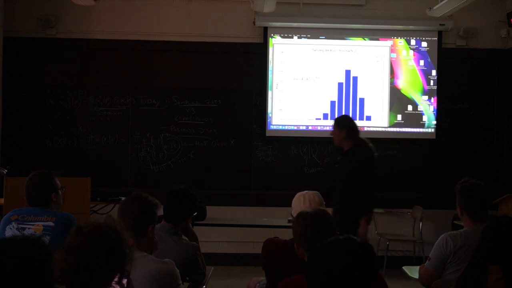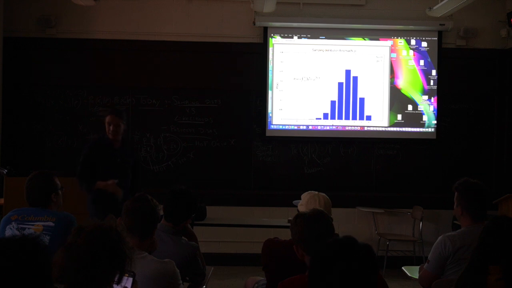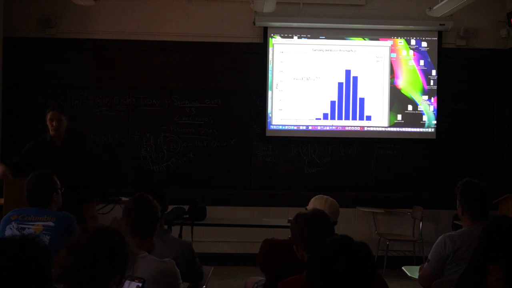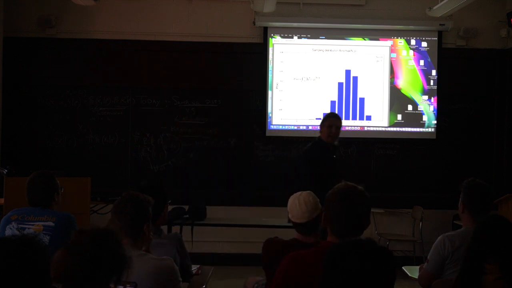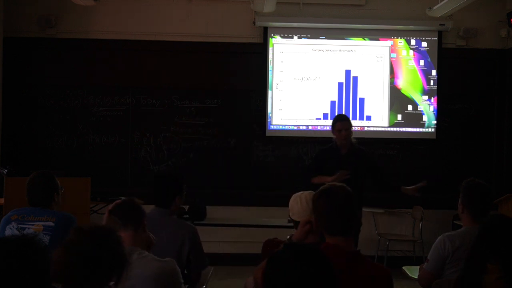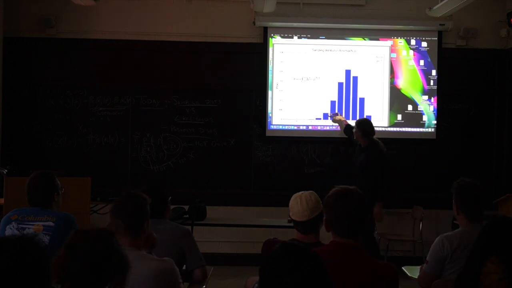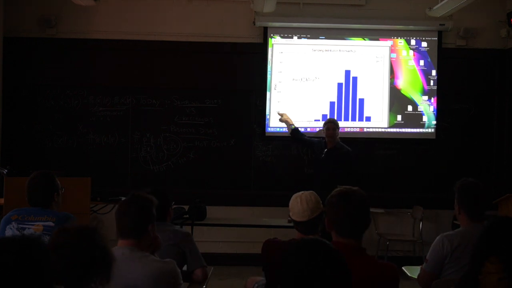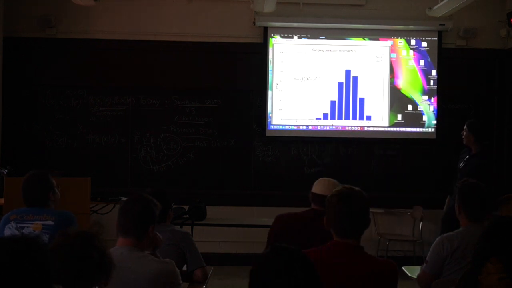Each one of them would have a factor of p times p times p times p, and then it would be 1 minus p raised to the 6th power for the other 6 things that happen. And then I could reorient it where those successes happen in lots of different ways, and I could add those probabilities up, and it's this number, whatever that is. So we could compute it exactly if we wanted to.